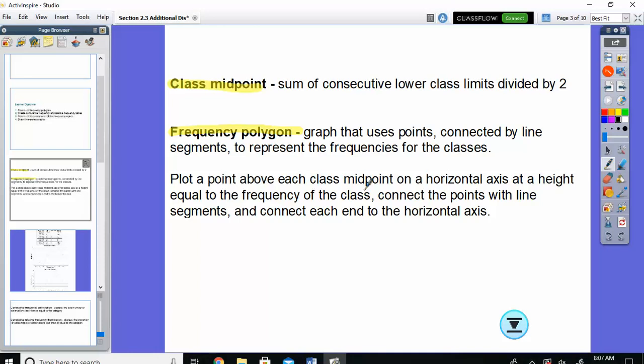So we had the 670 to 679 and the 680 to 689. Remember, we had broken into classes like that. Since your x value is really a range of values, you have to pick one of those to put your point at. So we'll use the midpoint for the x value. And then we have to connect the ends to the axis.